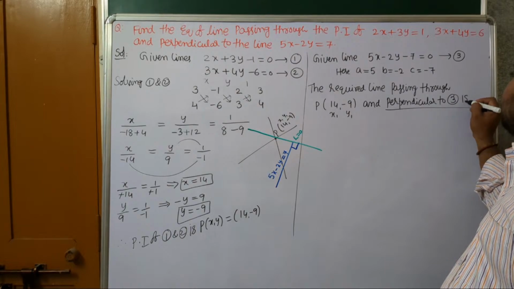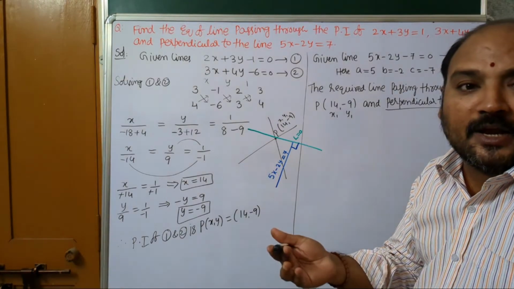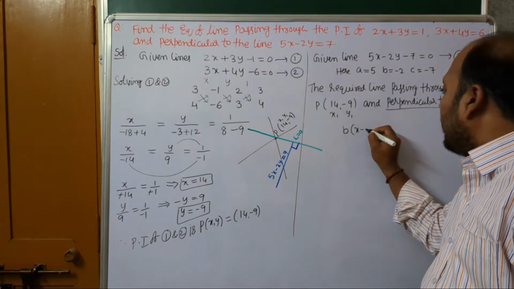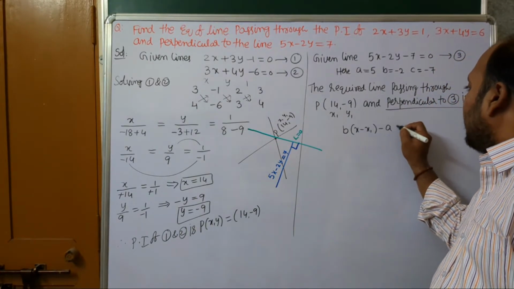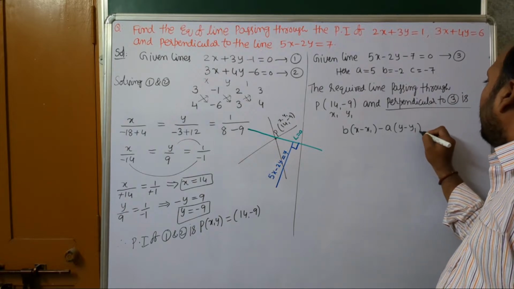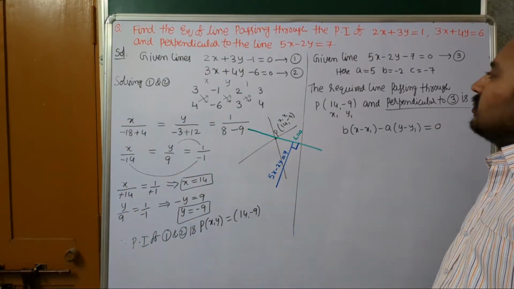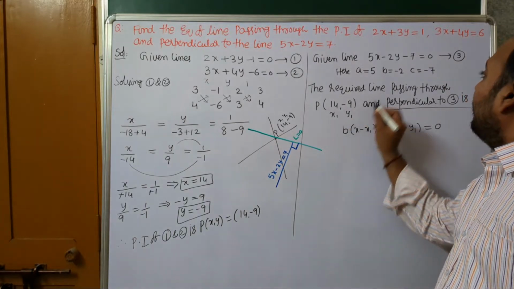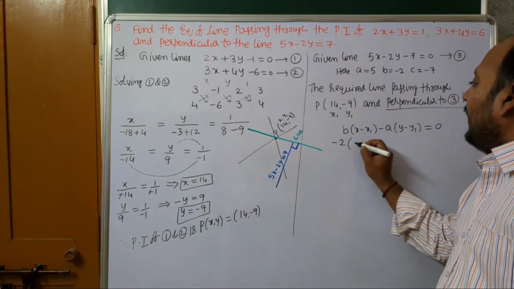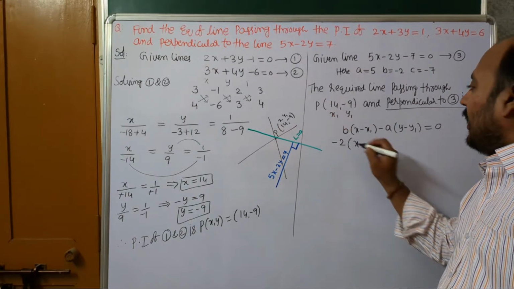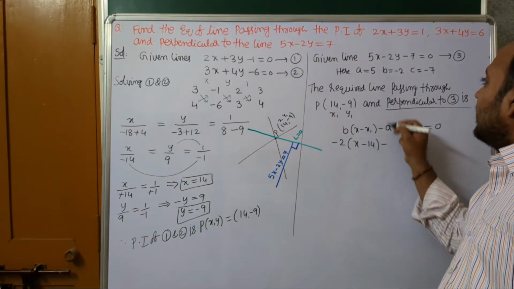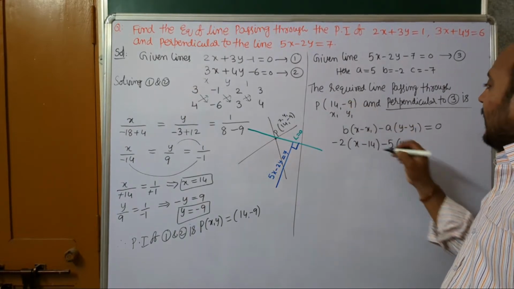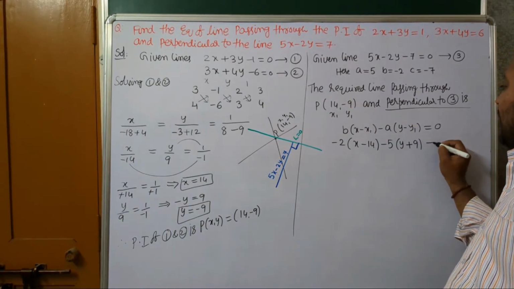equation 3, which is ax plus by plus c. We have the formula b into x minus x1 minus a into y minus y1 equal to 0. So the a, b values are there and x1, y1 values are also available. b value minus 2, x minus x1 value 14, minus a value 5, y minus y1 value minus 9, minus of minus 9 plus 9.